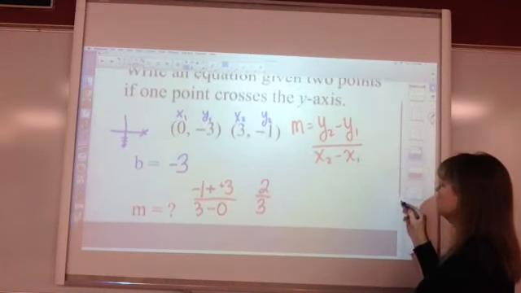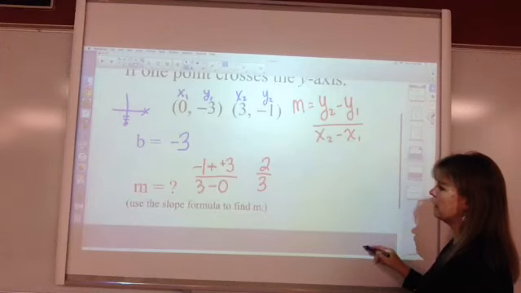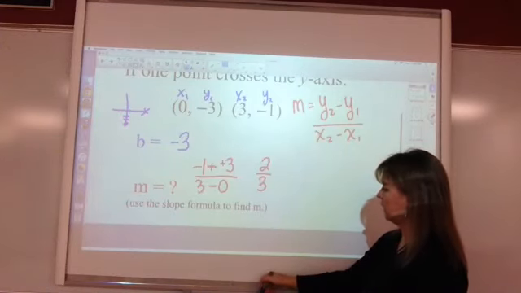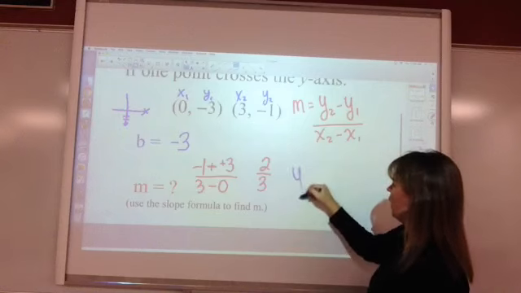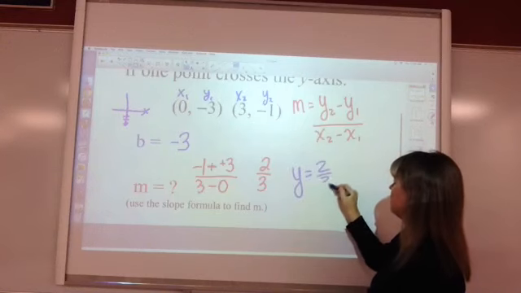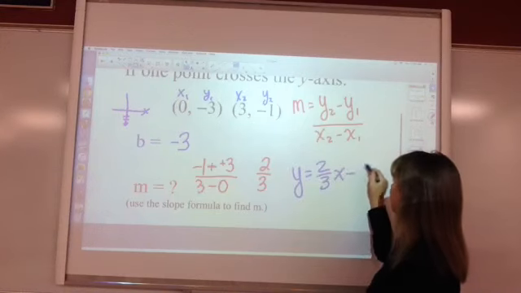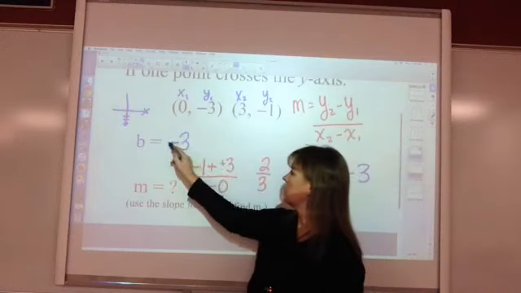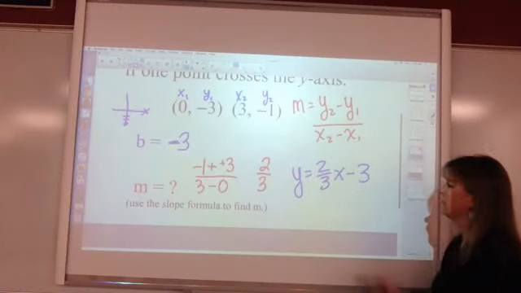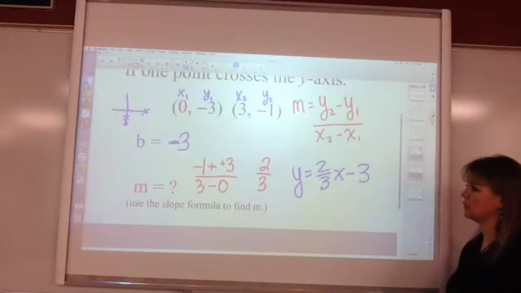Now you have your b, which is -3. You have your m, and you write the final answer as y equals 2/3 x minus 3, because your base is -3. Slope goes here, base goes here.